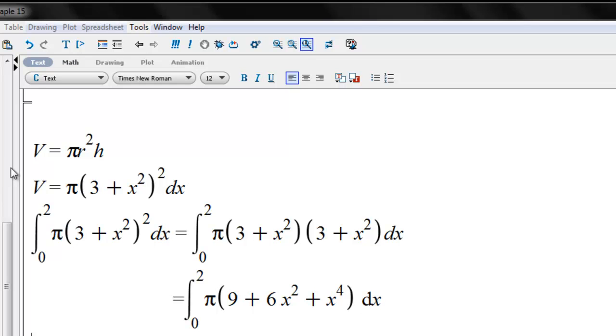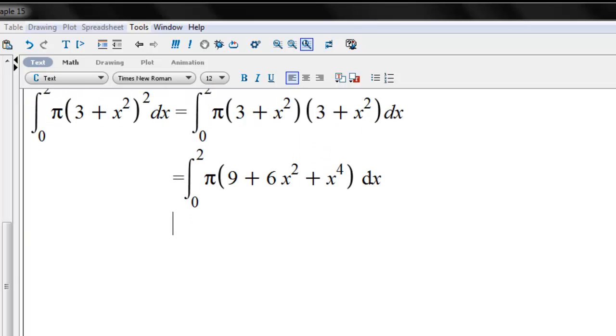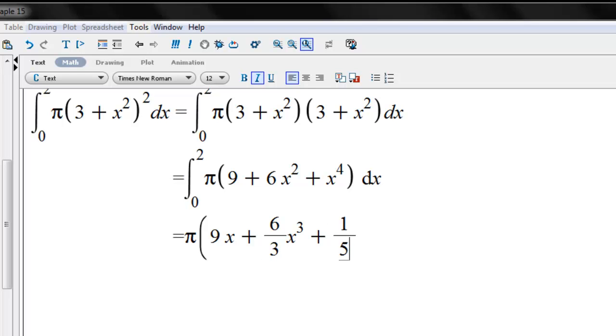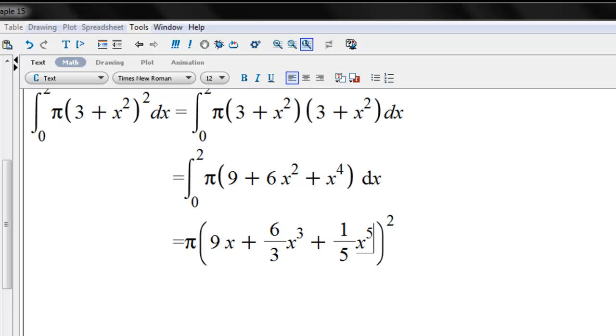And we could continue on and do the antiderivative of each piece and work the problem from there. Actually, we'll just do the antiderivative right here. So we'll have the pi out in front, and then we'll have 9x plus 6 over 3 x cubed plus 1 over 5 x to the 5th, and that's all evaluated as x goes from 0 to 2.